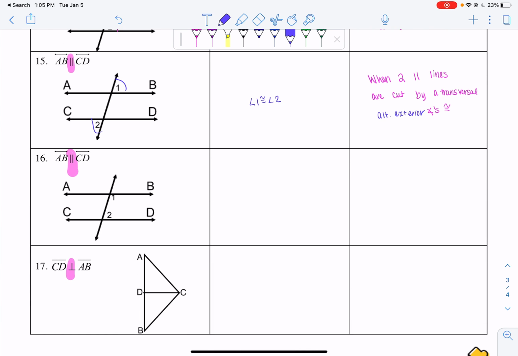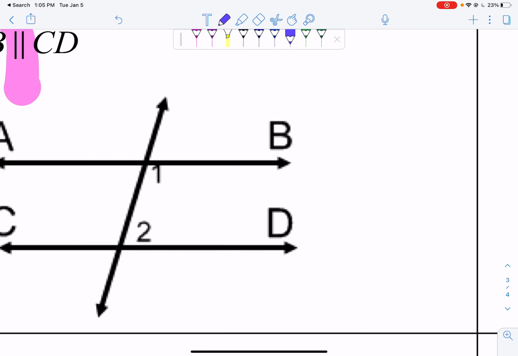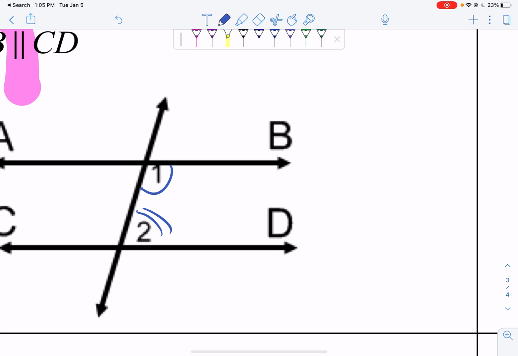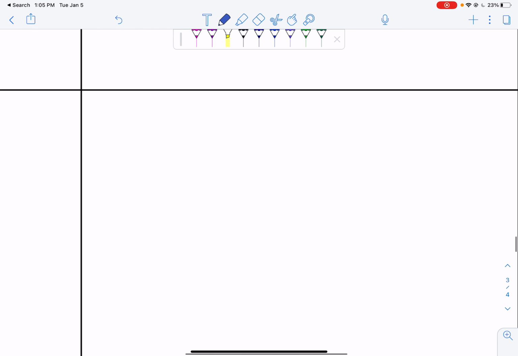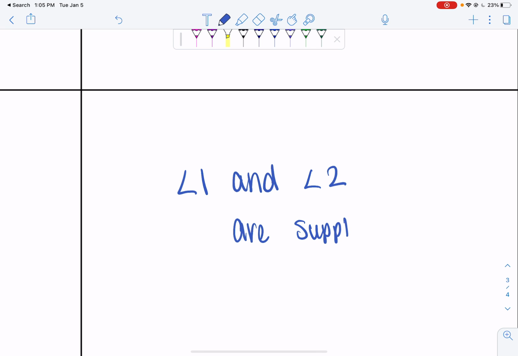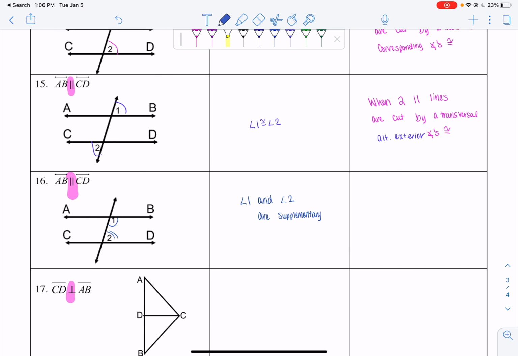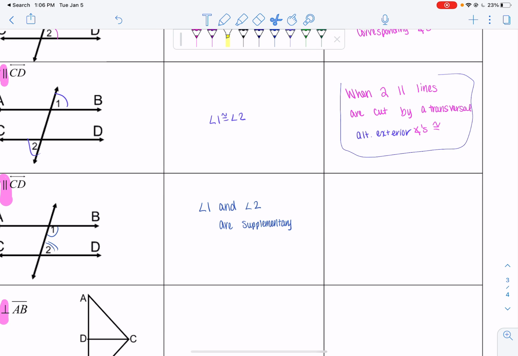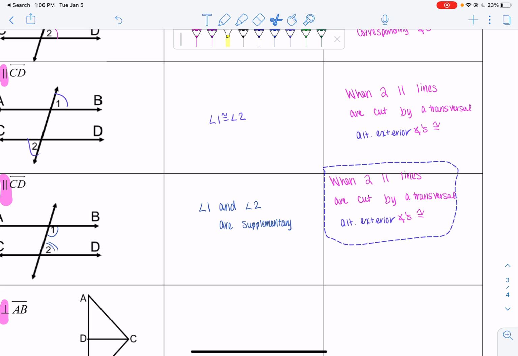And last but not least, I have angle 1 and angle 2 on the same side on the interior. They are not congruent, so when they're not congruent, they are supplementary to each other. So I can say angle 1 and angle 2 are supplementary. So my reasoning would be, when two parallel lines are cut by a transversal, as you can see, it's very repetitive.